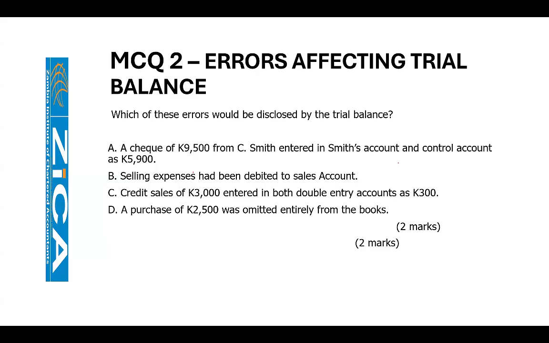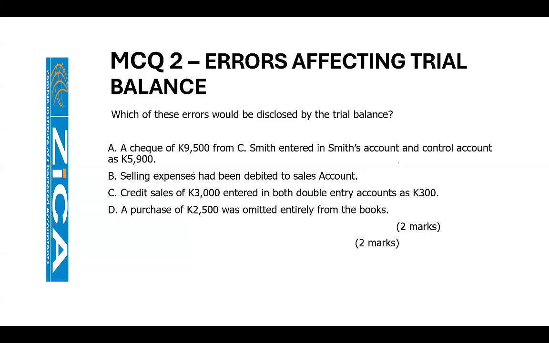So both accounts, the amount that is entered is wrong. Many times for errors affecting the trial balance, what is happening there is that the double entry is not recorded with the same amount, or part of the entries is not actually recorded at all. So this one appears to be transposition, and this transposition has occurred to both accounts that are involved.